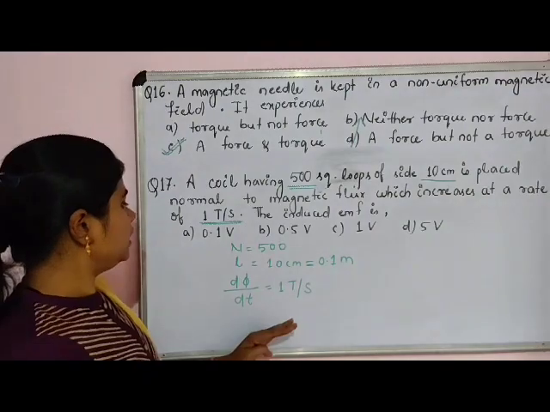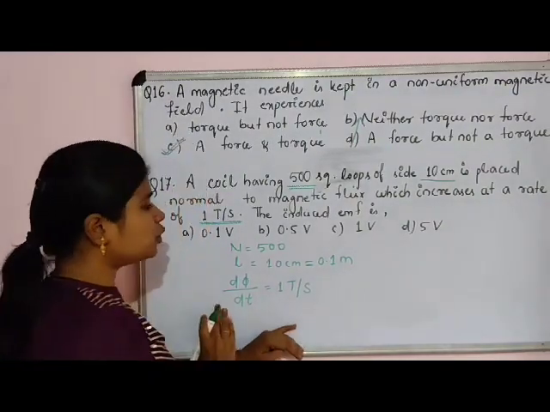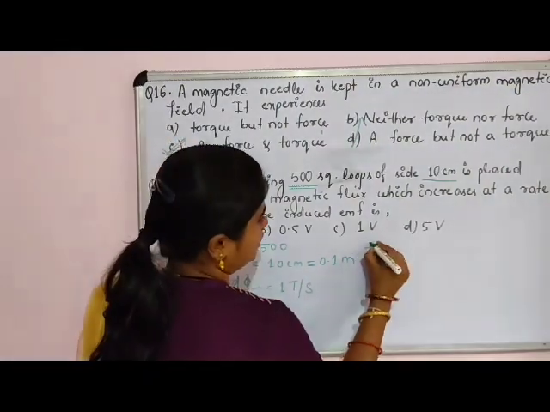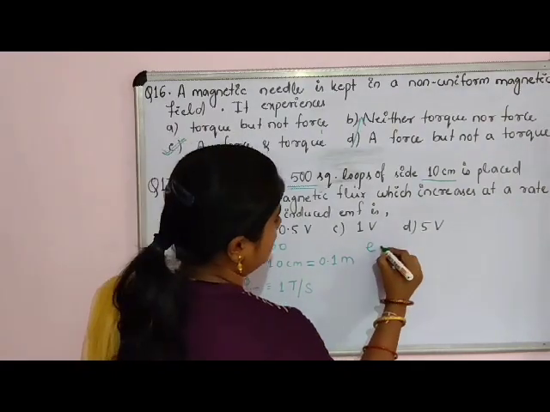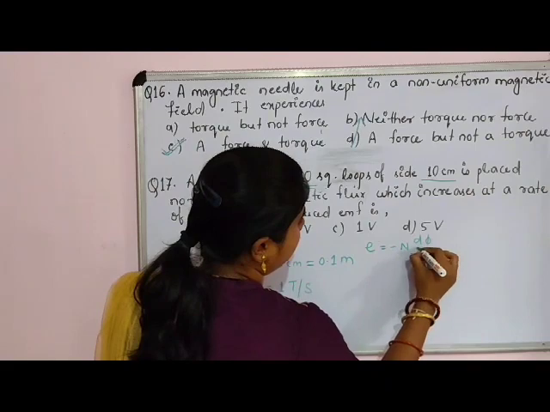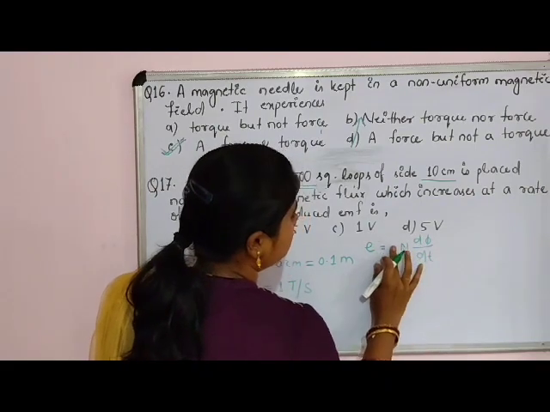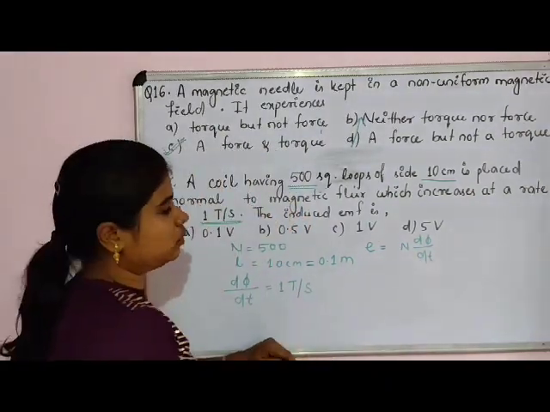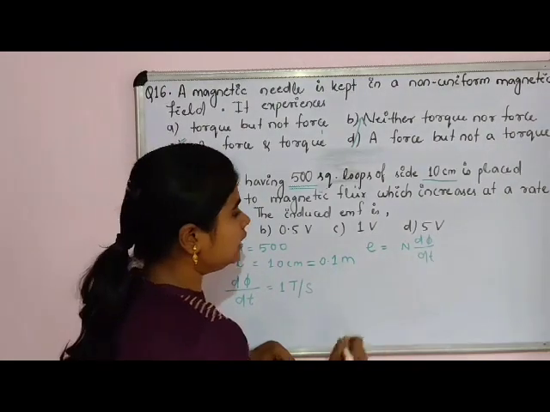Clear? Now we need to find out the induced EMF, which is given by E equal to minus n d phi by dt, or simply we can take the magnitude only, n d phi by dt.